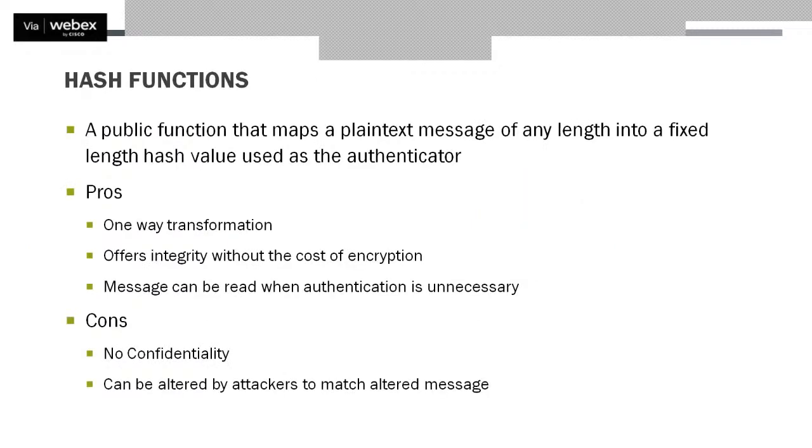Okay, then the final or the third aspect of cryptography is hash functions. The hash functions are basically public functions which are used to calculate the hash value of a given message. Okay, so let us say we want to send an entire message or email. Just imagine a page of information or a page of message I want to send.